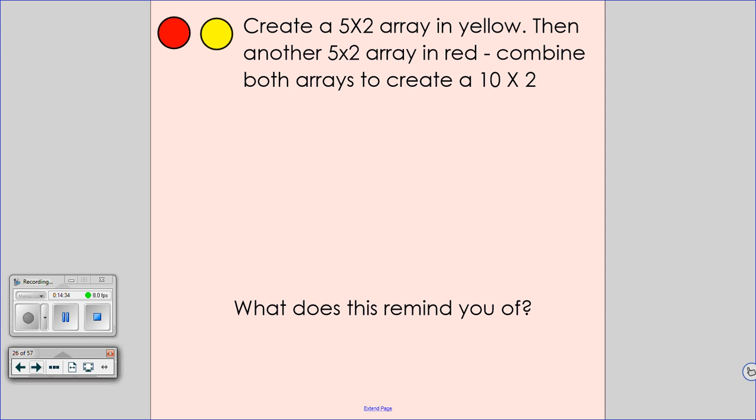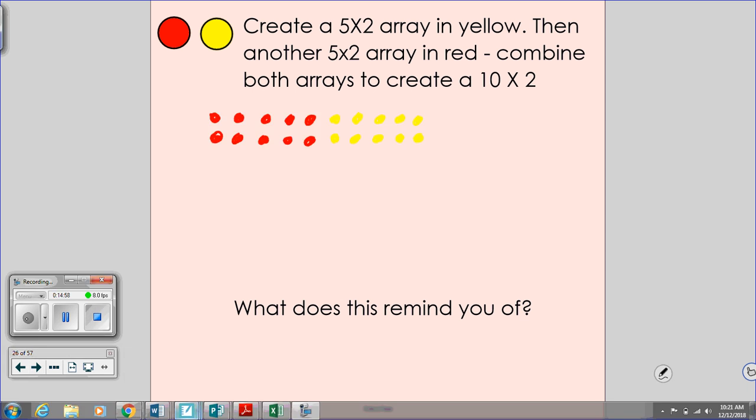So I want you to create a 5 by 2 real array, not a fast array, a full array, in yellow. And then next to that array, I want you to create a 5 by 2 array in red. You're making it on your desk first, and then you're drawing it in your notebook.